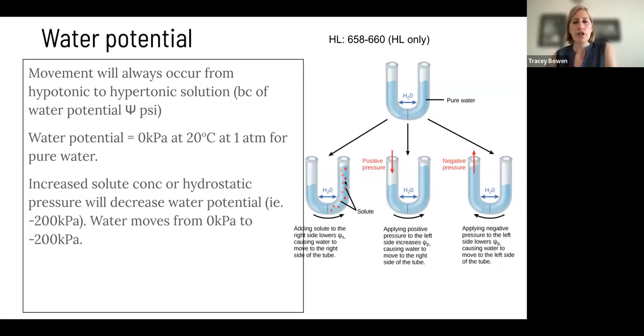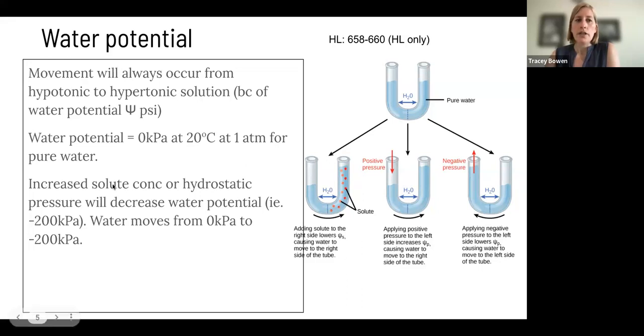Additionally, if we added pressure, so here we can see we're adding positive pressure onto the left side, which is going to increase the pressure water potential, and that's going to cause the water to move to the right. If we created a negative pressure on the left side, that's going to mean that the water is going to move towards the negative pressure.